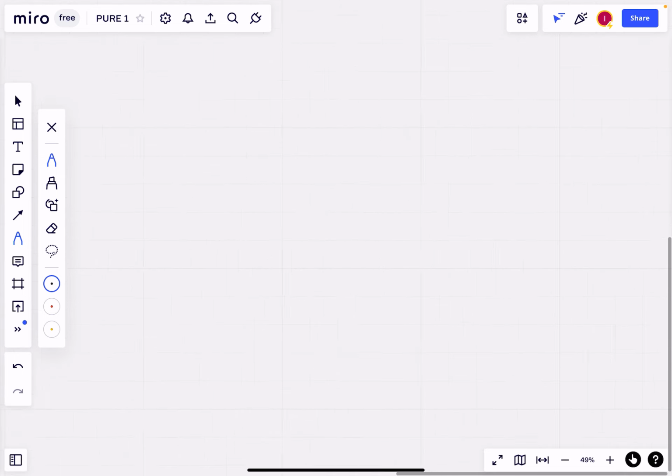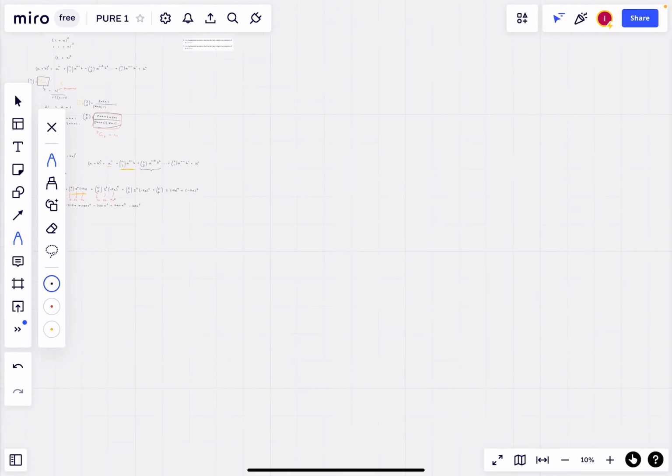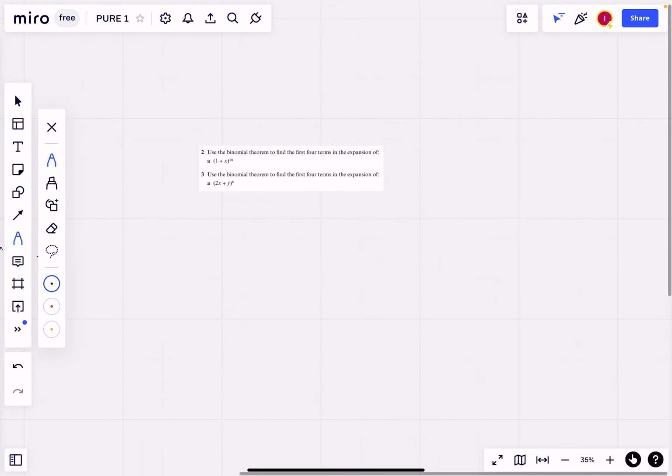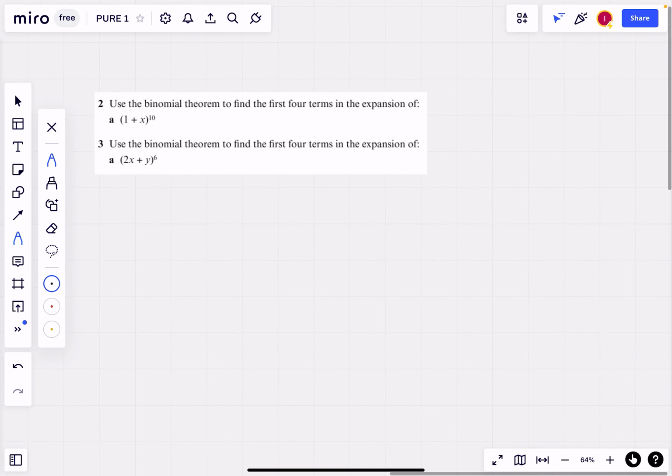Okay, I have put up 2 questions. Let me find them there. I want you to use the binomial expansion to find the first 4 terms of each one, please. Okay, let's do 2a.